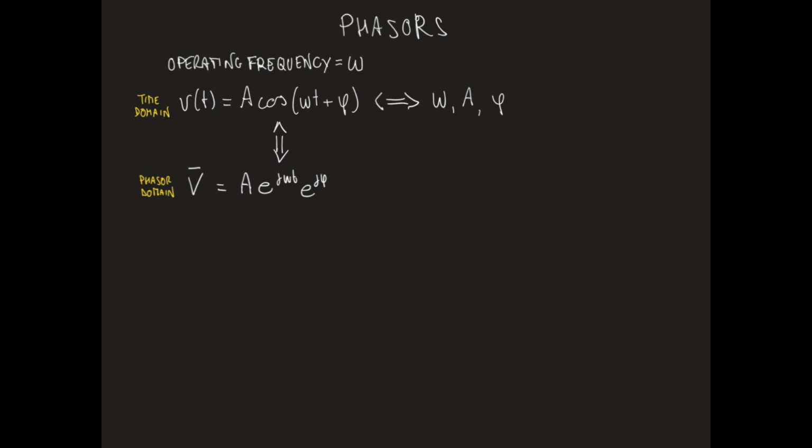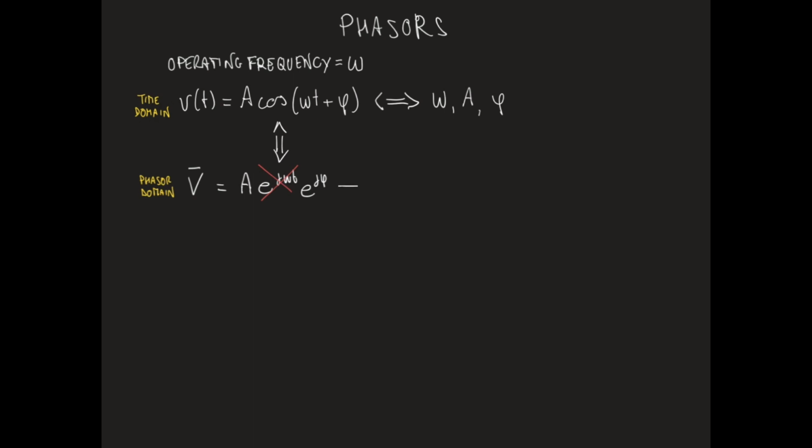Now, since in an AC circuit the angular frequency is the same for all the signals, in the phasor representation the dependence on the angular frequency is considered as implicit. Therefore, in the phasor representation of the signals, the exponential function of j omega t is removed.